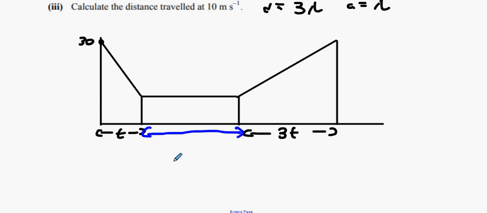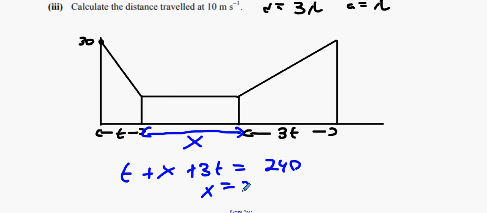Yeah, 240 seconds take away 4t. Reason being is they all have to add up. So t plus x plus 3t is 240. This implies that x equals 240 take away 4t. Is that okay? So we have 240 take away 4t.